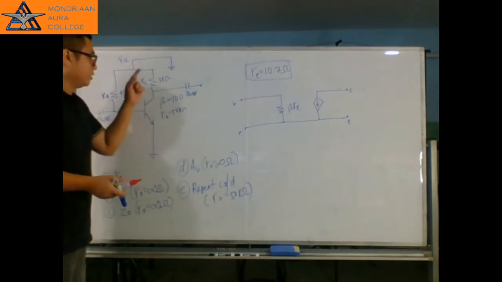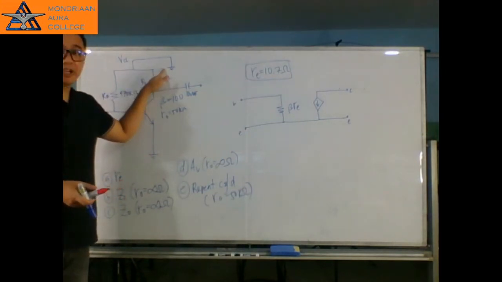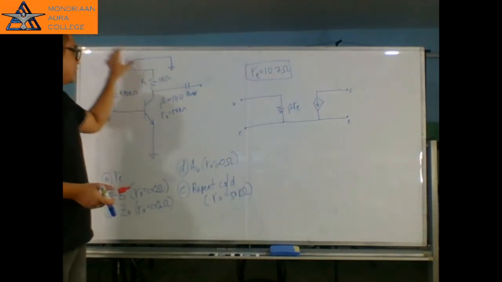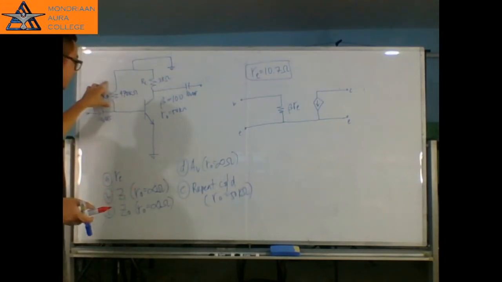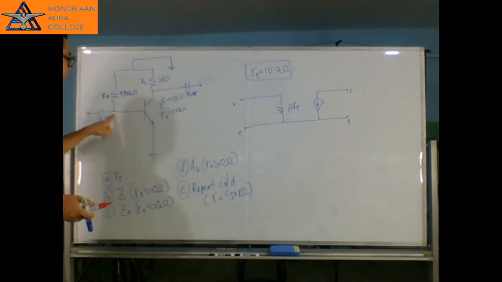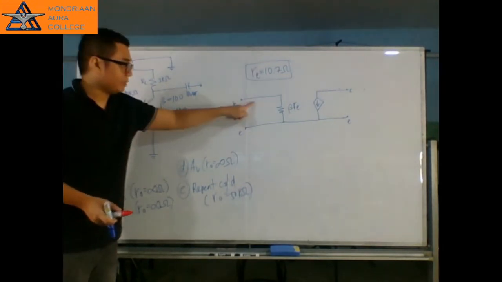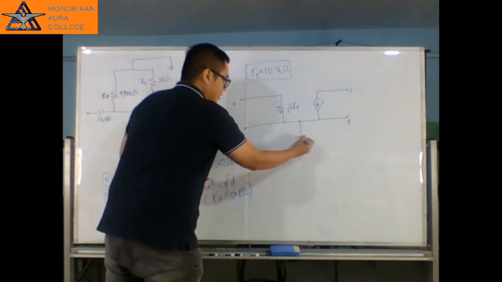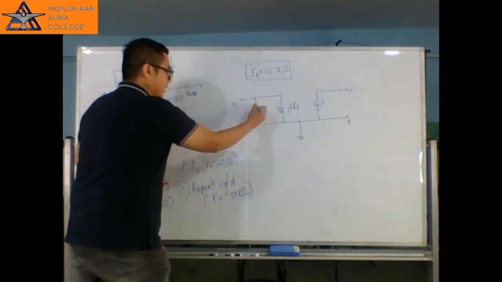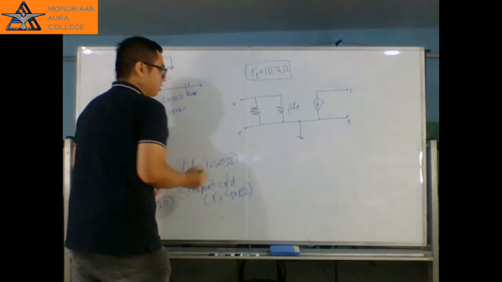So, nung nilagay natin sa ground yung ating VCC kanina, ang R sub E natin ngayon ay direktang nakakonect sa base at ground. This is your base, this is your emitter, na nakakonect sa ground. Therefore, yung R sub B natin ay ilalagay natin dito ngayon.